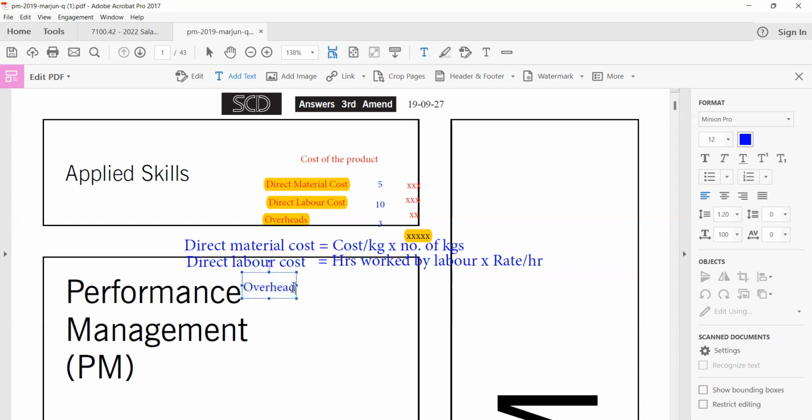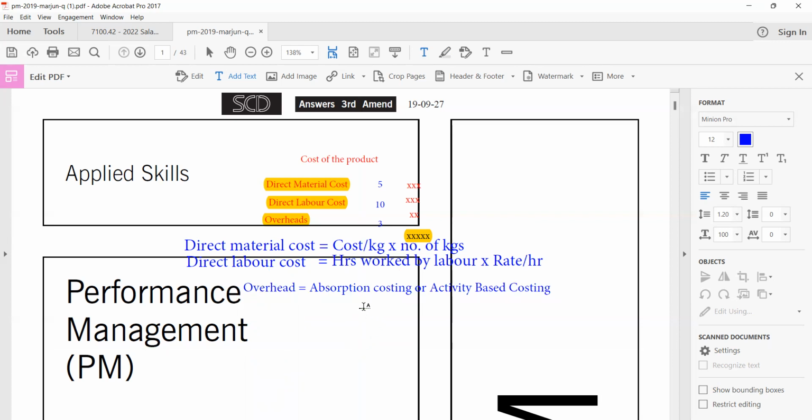So with overhead, we either use absorption costing, which we have learned, or activity-based costing.